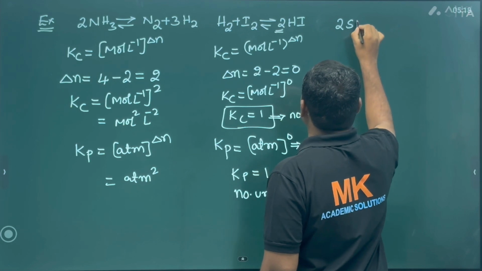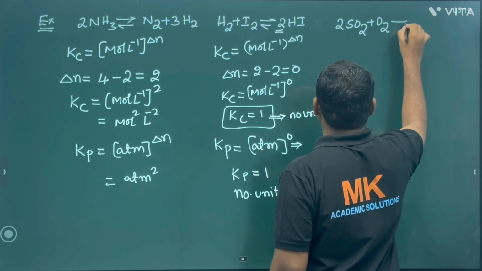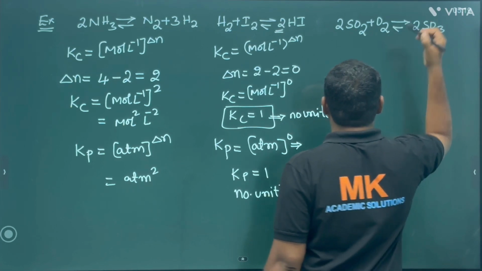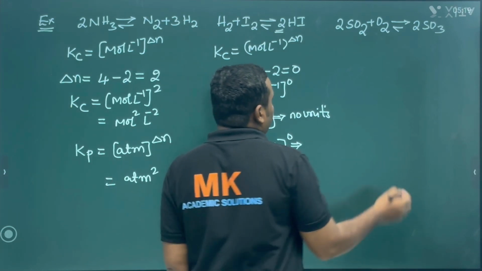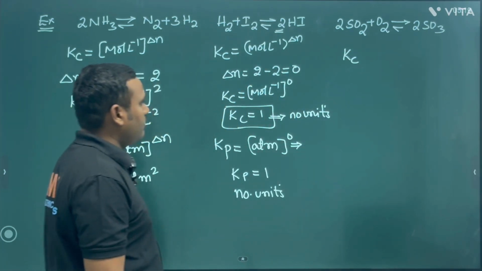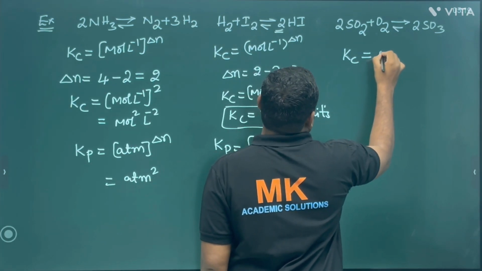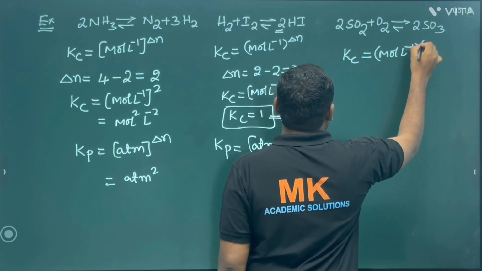2SO2 plus O2 gives rise to 2SO3. So this is the contact process of preparation of sulfur trioxide. So now here what are the units of Kc? Kc is equal to moles per liter to the power delta n.